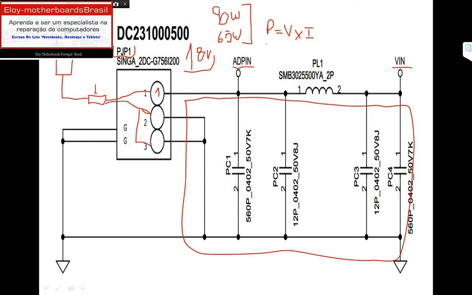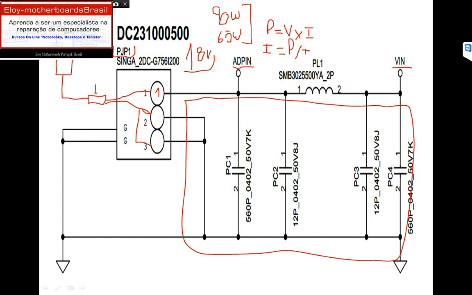that means current equals power P divided by the input voltage.